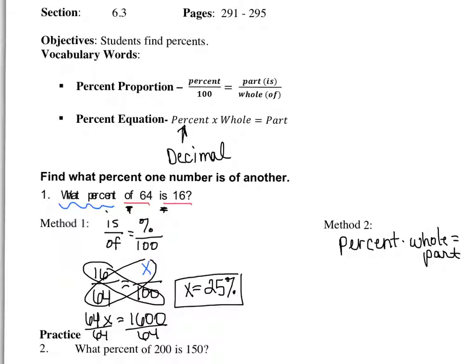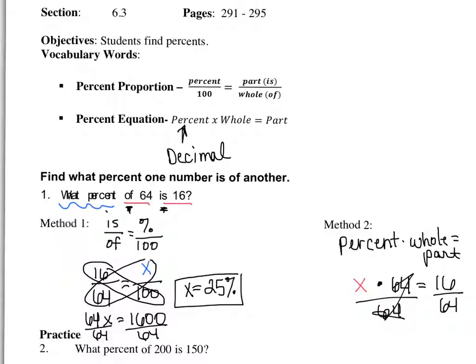I don't know my percent, so percent is going to remain a variable, x, times the whole. So 64 was my whole, and the part was 16. So x times 64, to undo that, I'm going to divide both sides by 64.